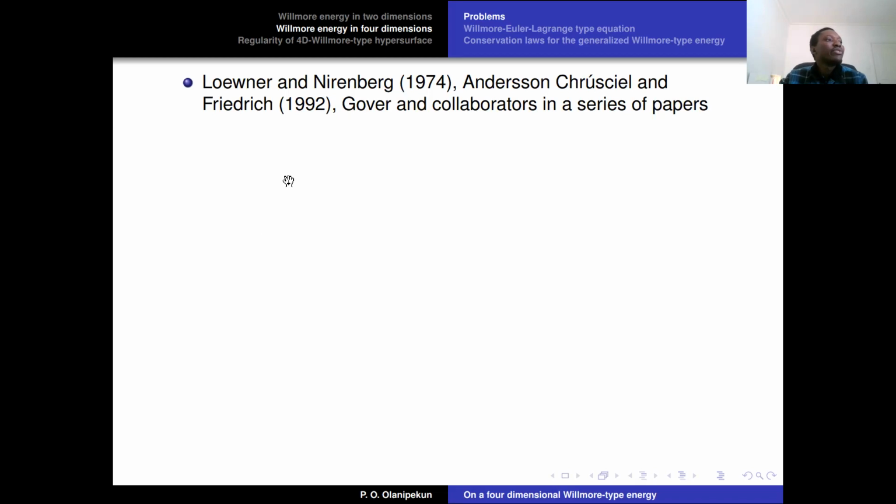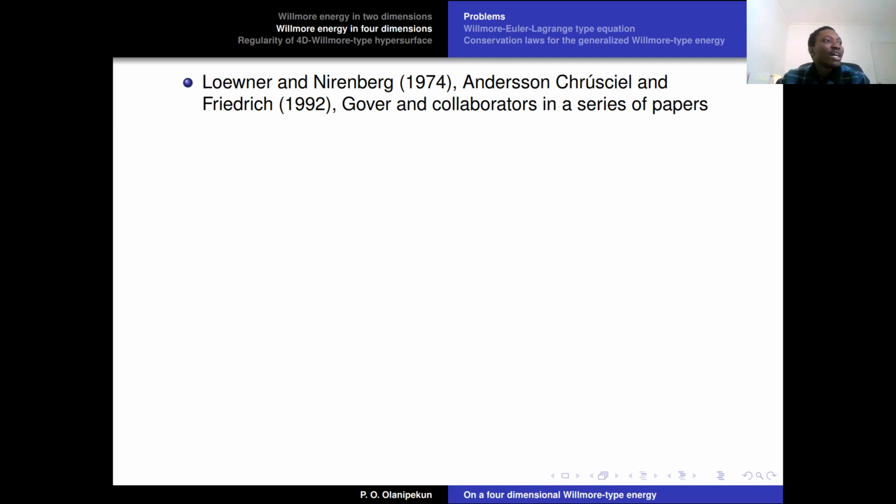Loewner and Nirenberg in 1974 were the first to talk about the singular Yamabe problem. They computed a conformal invariant that obstructs the regularity of the defining function u. Later, Andersson and Fefferman were the ones that computed this conformal invariant that obstructs the smoothness of the function u.